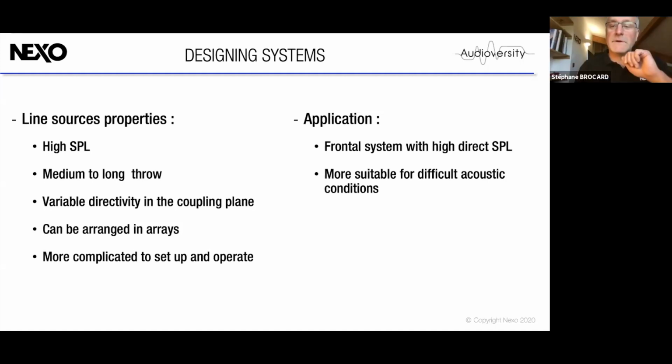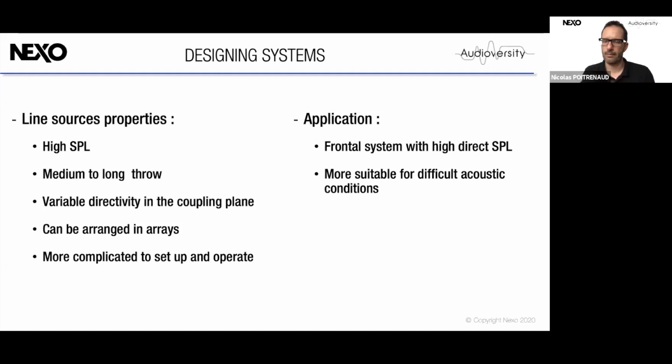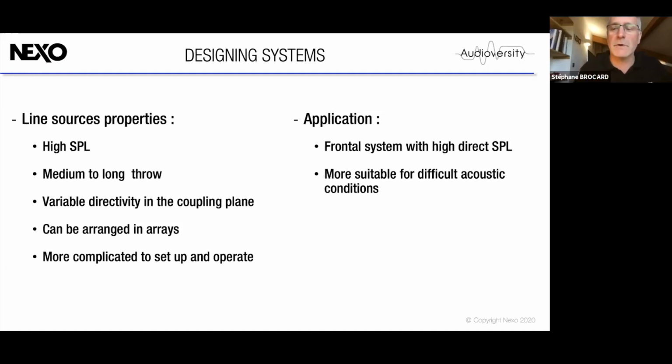Sorry, yes, Nicolas, just to go back to time coherency. Of course, it's possible, as you've shown us, to use it to get line coherency, but is it possible to do it for the complete arena with stereo altogether?